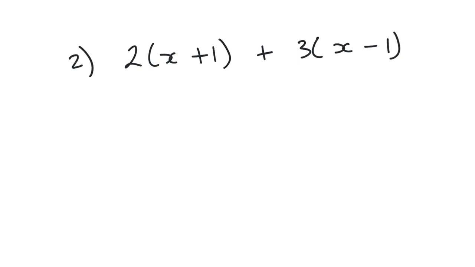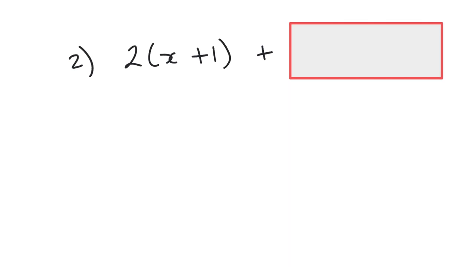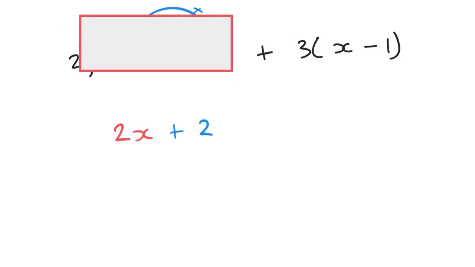Same idea. We're going to do the exact same thing we just did. I'm just going to cover that up a second. So 2 times x is 2x. 2 times 1 is 2. Do the same thing over here. Now we need to be a little bit careful here. So 3 times x is plus 3x.